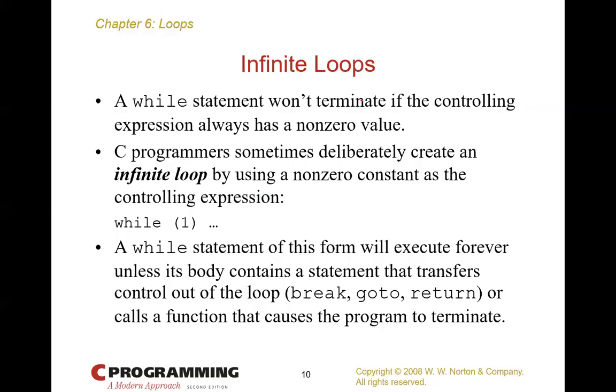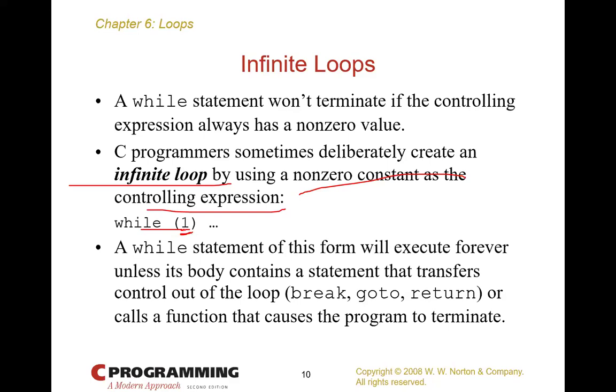C programmers sometimes deliberately create an infinite loop, or sometimes they create it by mistake. Usually it is by mistake, sometimes deliberately, but most times by mistake. A regular way is using a non-zero constant as the controlling expression. If you just write 1 inside of the expression, 1 is not 0, and we know that the while statement will terminate only when the test expression evaluates to 0.